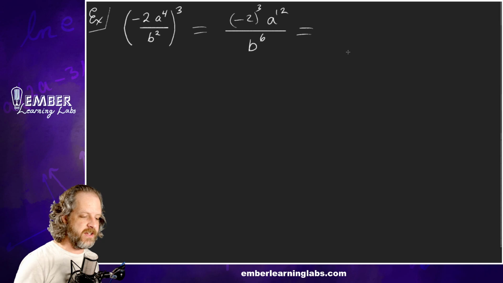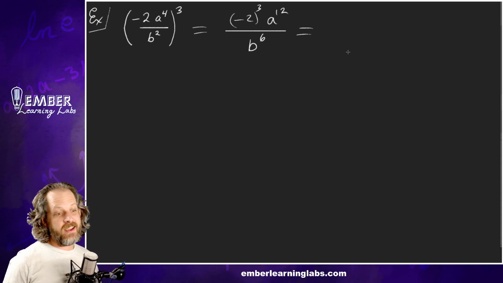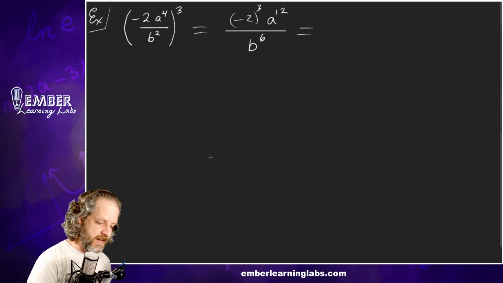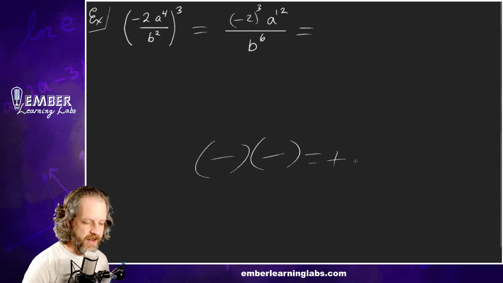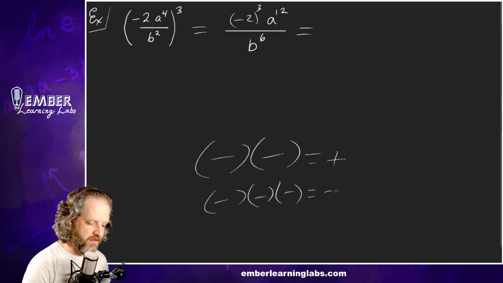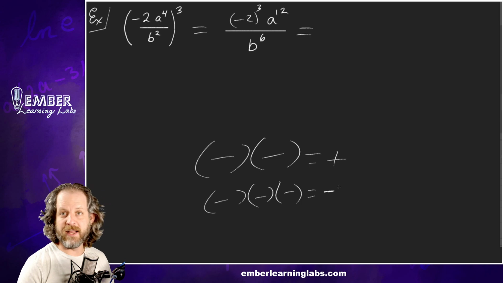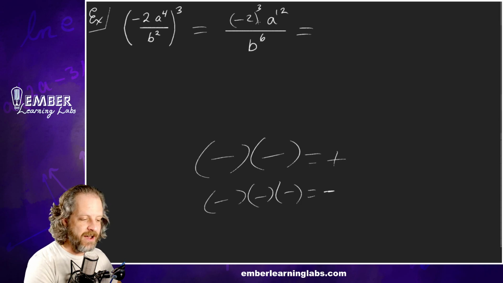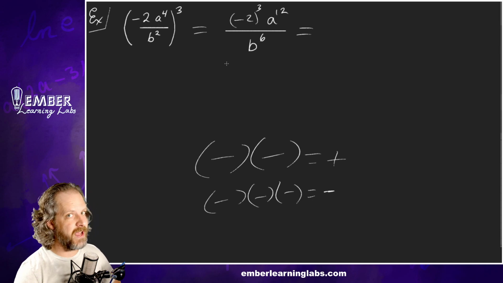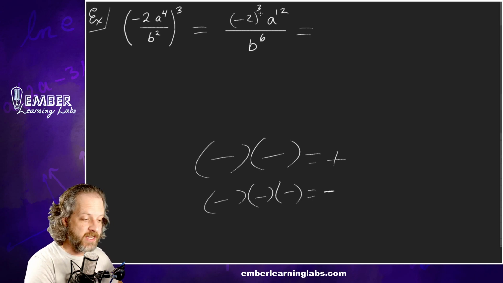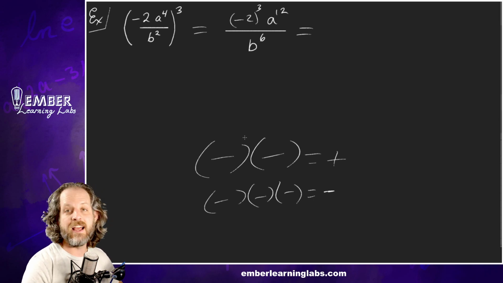That's a little tricky because when we square a negative, it comes out positive, right? Because it's a negative times a negative, which would be positive, right? But if we have 3 of those, we've seen this before. I made kind of a big deal about it before, I don't even remember what lesson it was. But if we have an odd exponent, we have an odd number of negatives, so it comes out negative.